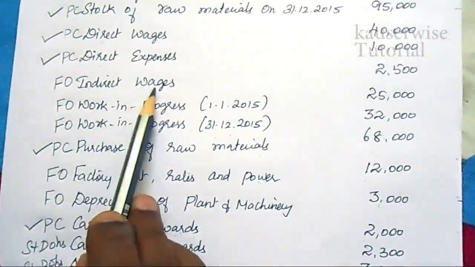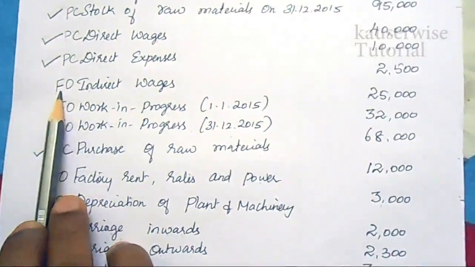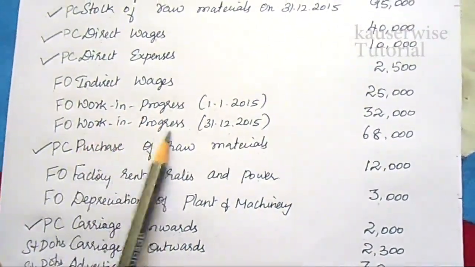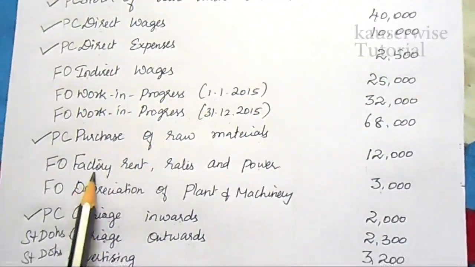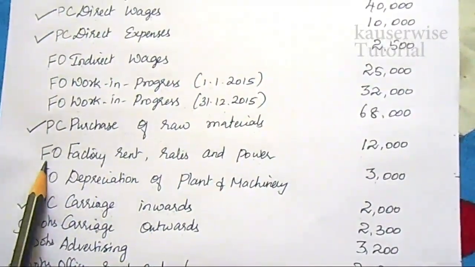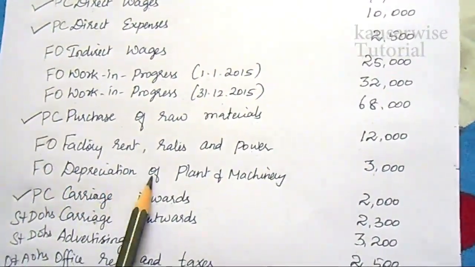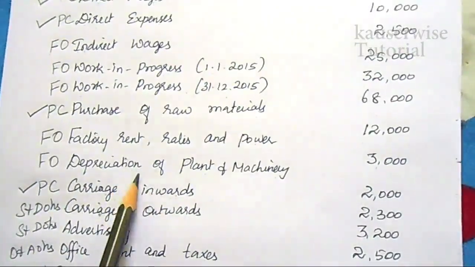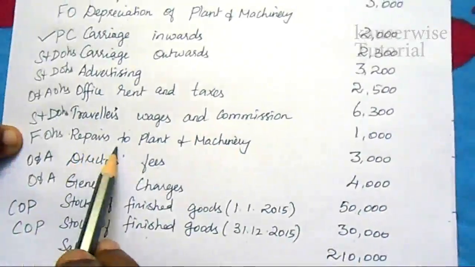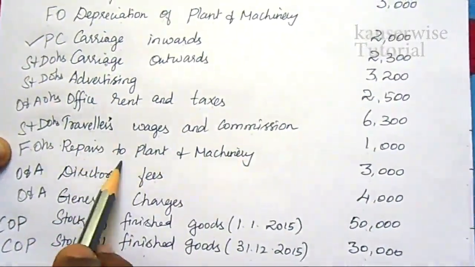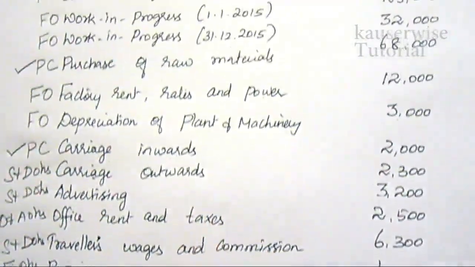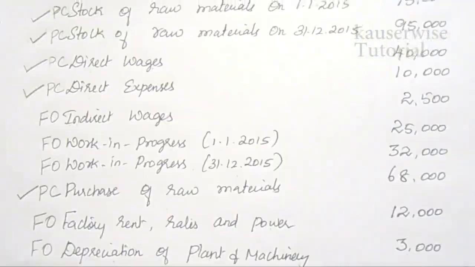Indirect wages come under factory overheads, and factory rent, rates and power, depreciation of plant and machinery, and repairs to plant and machinery also come under factory overheads. That's all. Now enter all those items under factory overheads.